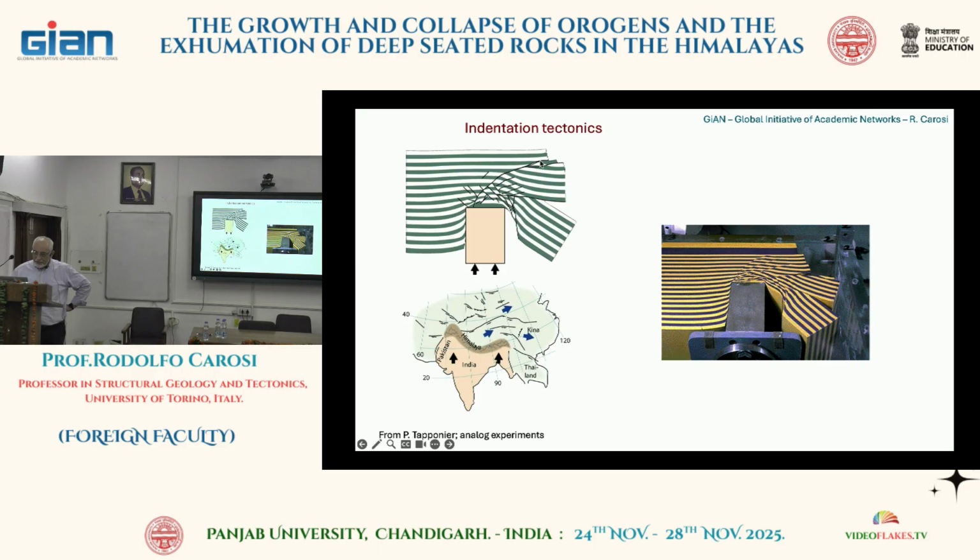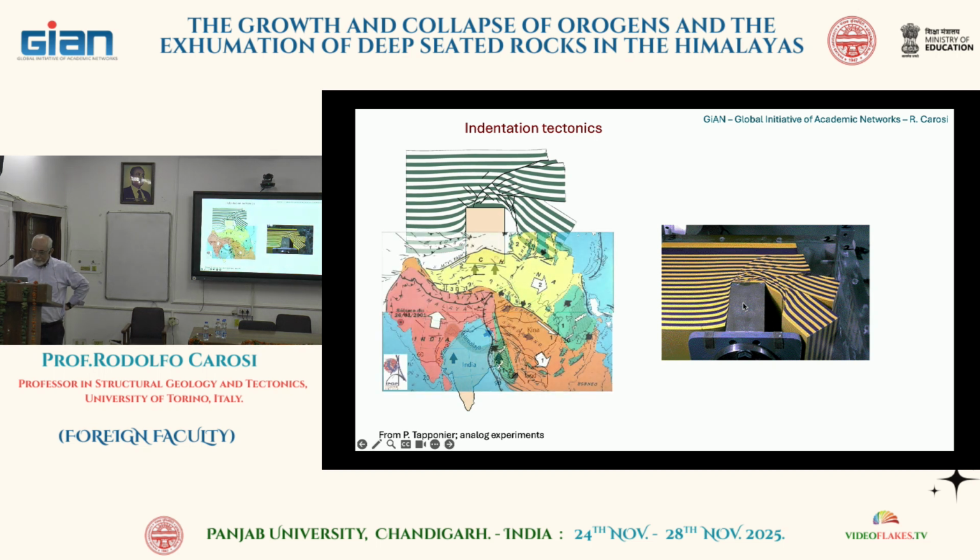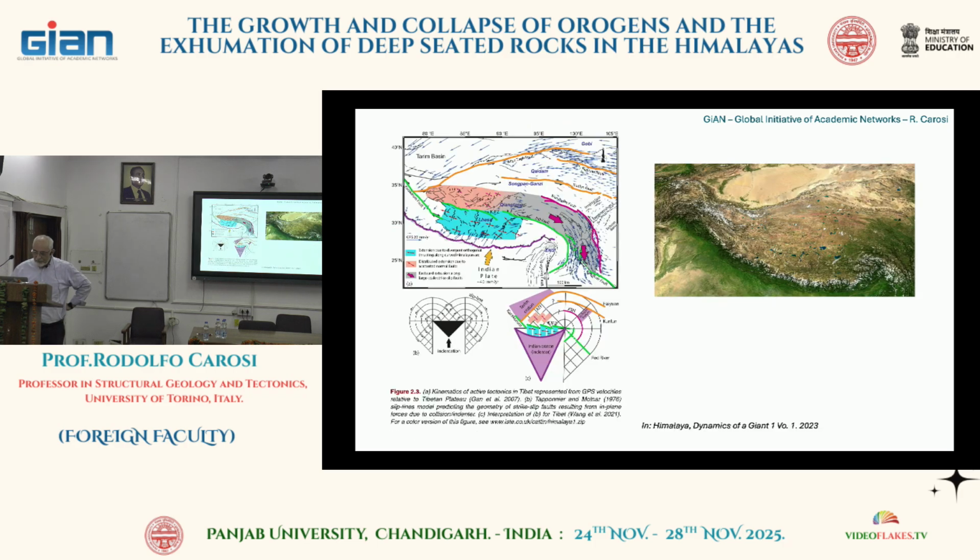So in this picture you can see the main faults, the extrusion of China to the east and South China to the southeast. And this was a picture of one of the first experiments made by Paul Tapponnier. This is one of the original pictures of these experiments.